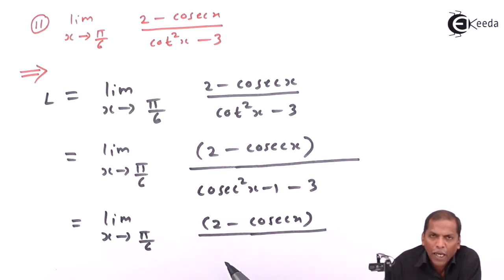Which is of the type a square minus b square, which on factorization gives us cosec x minus 2 in one bracket and cosec x plus 2 in the second bracket.